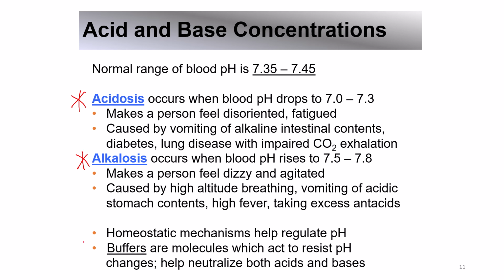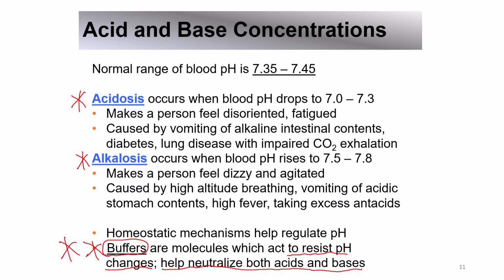Well, thankfully, we have these special molecules called buffers in our blood. These help to resist pH changes. They help to neutralize both acids and bases. Now, what happens is they actually come in pairs.